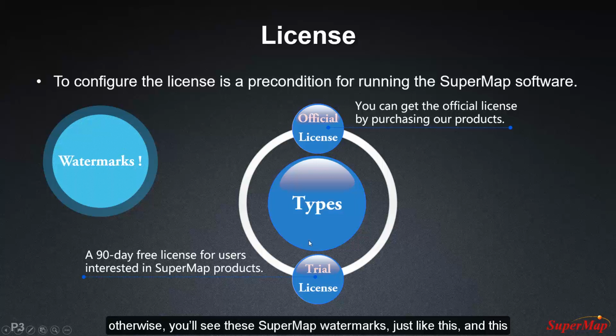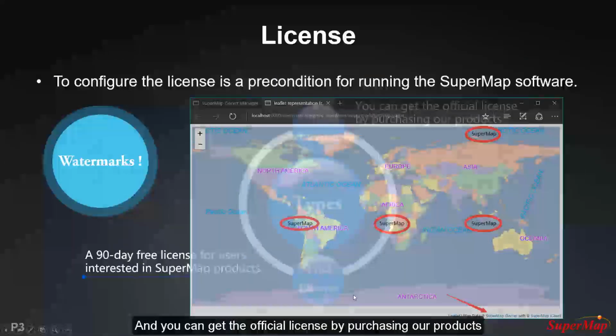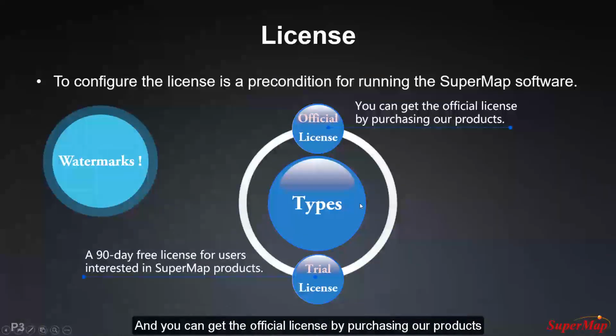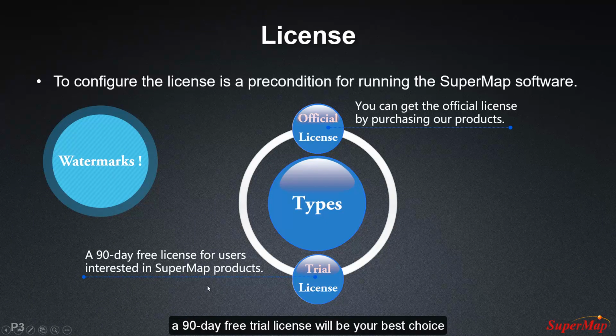Otherwise, you will see these SuperMap watermarks just like this and this. And you can get the official license by purchasing our products. And if you are just interested in our products, a 90-day free trial license will be your best choice.